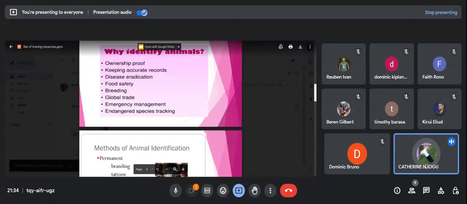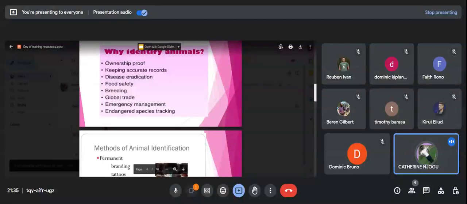By also having identity of your animal, you can keep accurate records of all the animals you have. We have also disease eradication. By disease eradication, we mean that you can remove animals that have signs of diseases by identifying them.